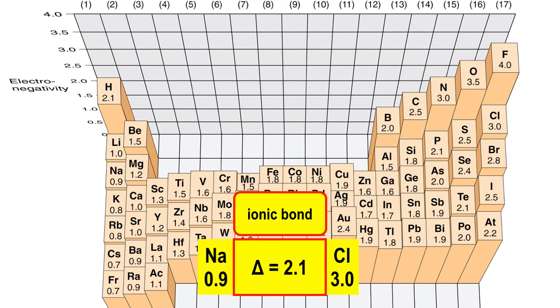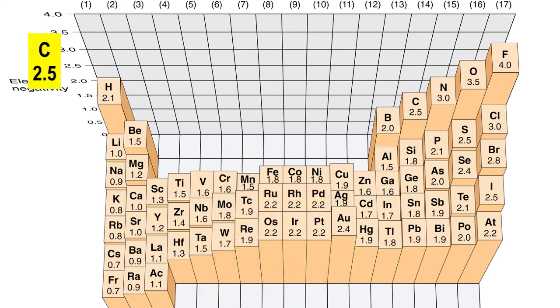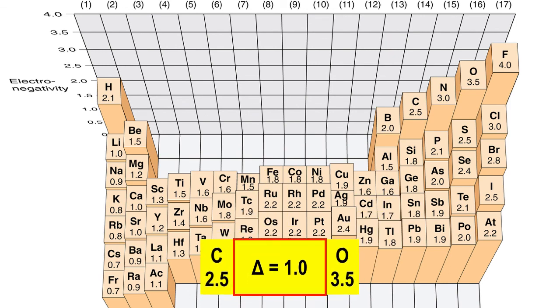Now, if we get a couple elements for which delta is a little smaller, we'll just have a covalent bond. Let's look at carbon and oxygen. There they are. The difference is just 1.0. So that's a covalent bond. Now, I want you to jot this table down quickly.